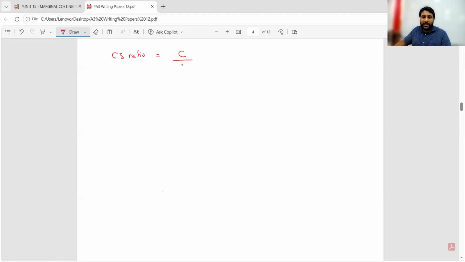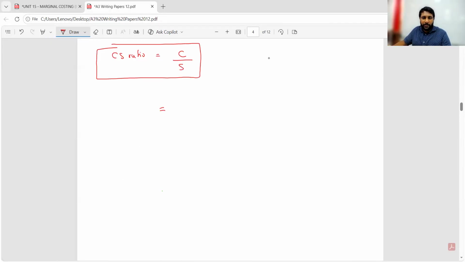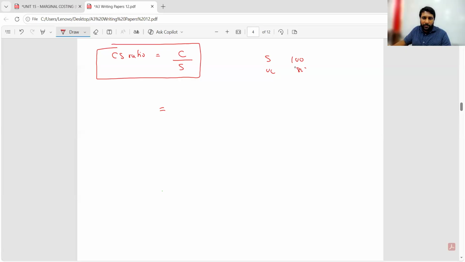You can take it as C divided by S. Simple story. So let me take a question over here. Sales is 100. Variable cost is 80. Then contribution is how much? 20.